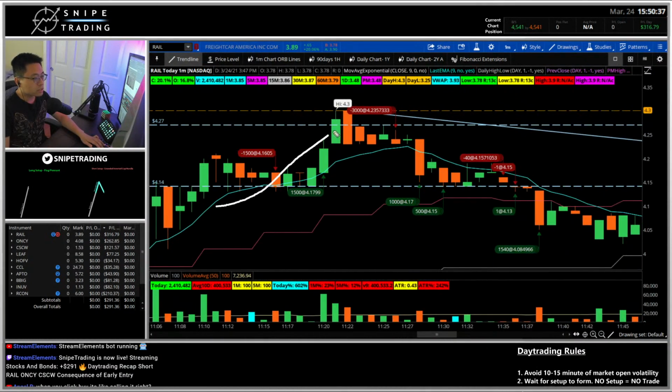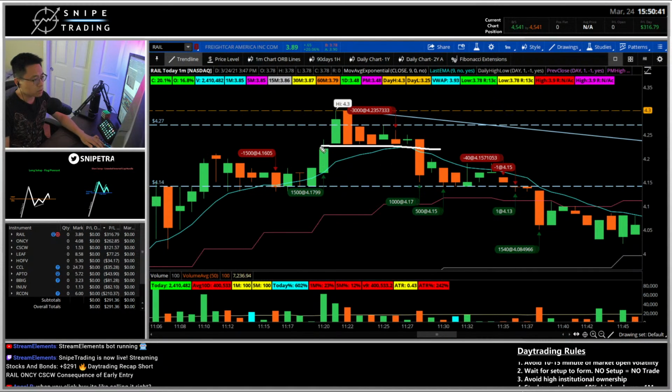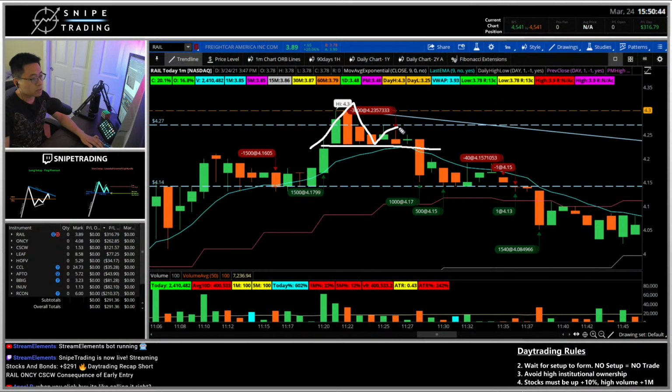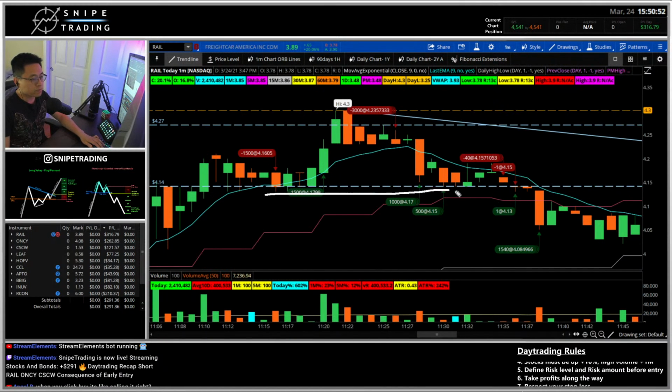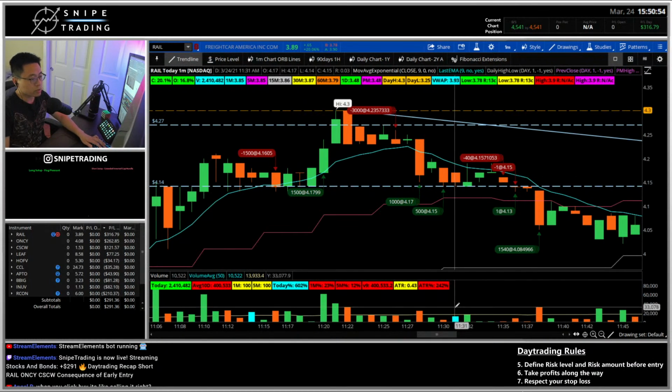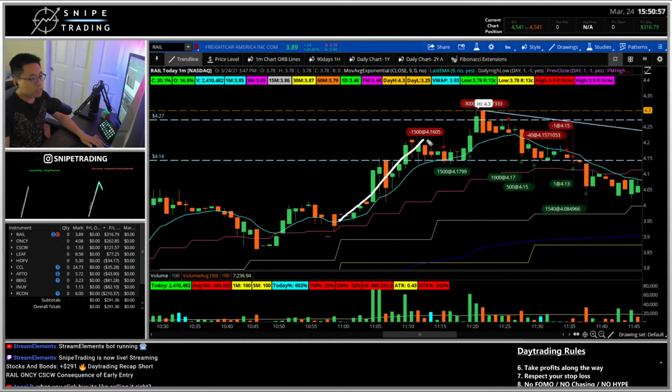Then I saw it trailing up, high of day, extended again. So I was looking for that inverted cup and handle, one of my short patterns that I play, and took that short and covered along the way. Then it was setting up for another cup and handle, or you can call it a head and shoulders.